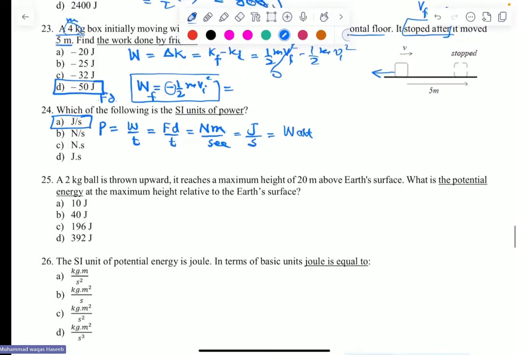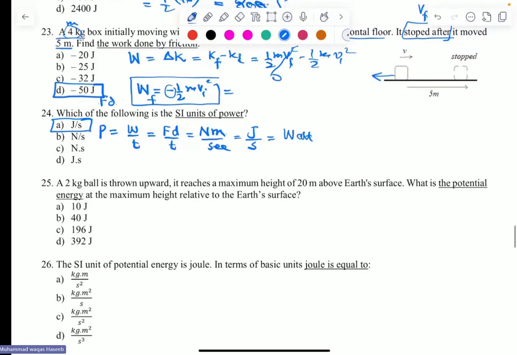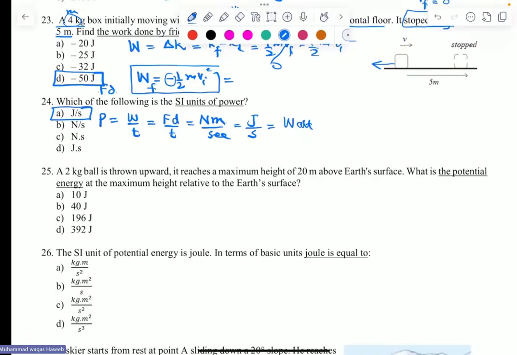Okay. Now, question number 25. A 2 kilogram ball is thrown upward like this. It reaches the maximum height above the Earth's surface. This is the Earth's surface, if you say.